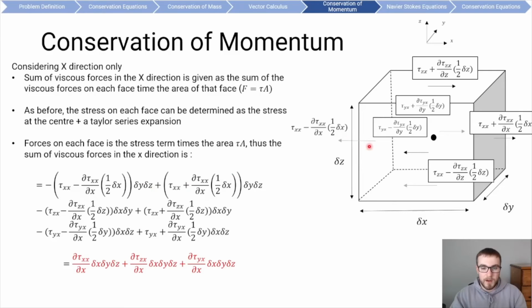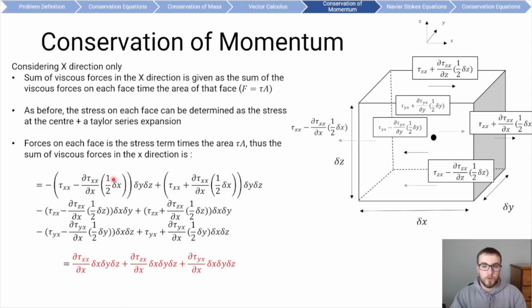At this east face here, we have this viscous stress term acting, and we multiply this viscous stress by the area, delta z, delta y, and that gives us this first term here, where I have a negative to indicate the fact that it's acting from right to left. Similarly, we have a viscous stress at the west face, equal to this term here, times delta y, delta z, which is the area.